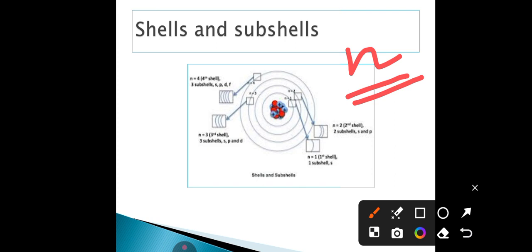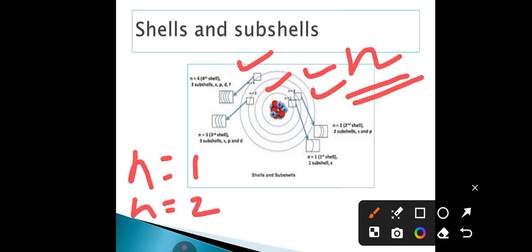Beside these squares there are numbers given: n4, n3, n2, n1. So n is called the principal quantum number, and as n increases, let's say n is 1 and then n is 2, what's the difference here? n is 1 means the orbit. Here we're talking about the name of the shell.